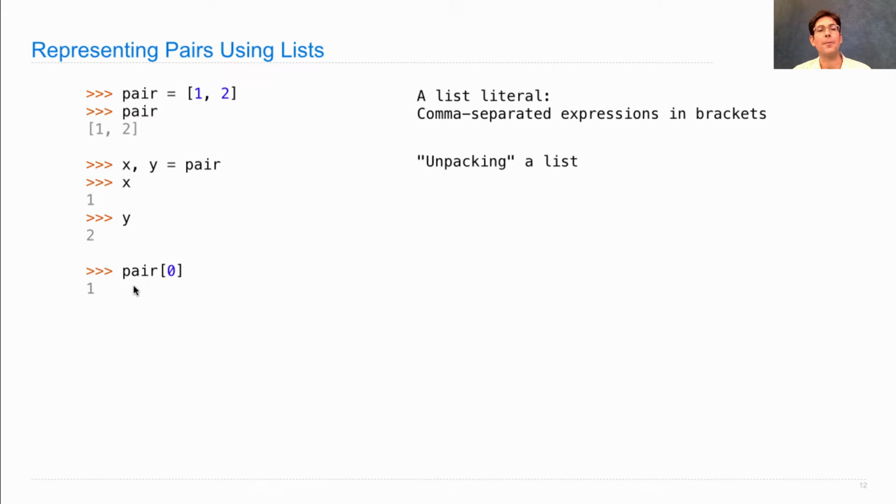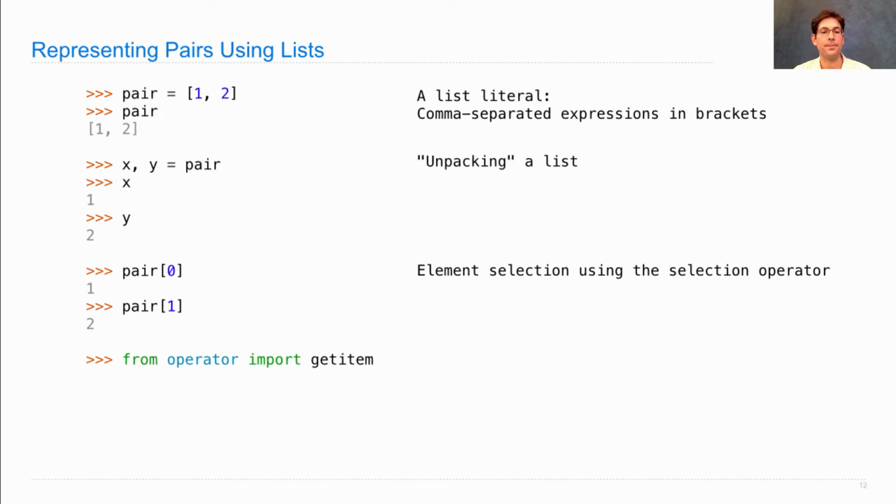So when you have square brackets after an expression, that involves selecting an element from the value which is to the left of the brackets. So pair is a list value, and its 0th element is 1. Its first element is 2. So element selection using the selection operator is another way to access the elements in a list.